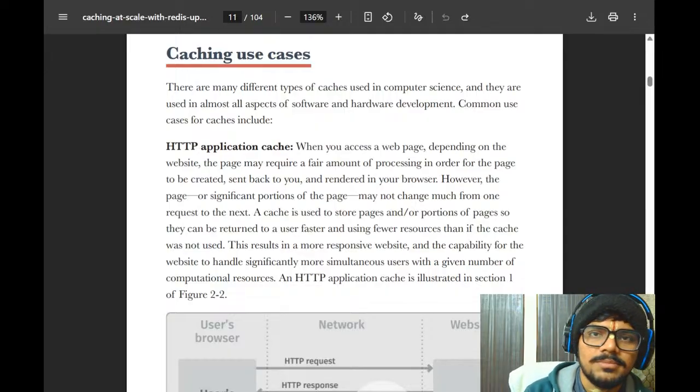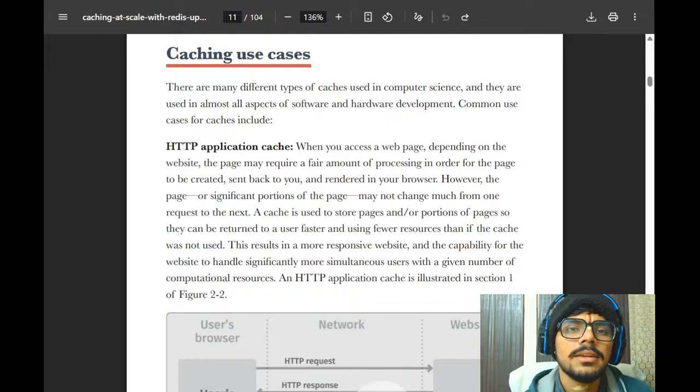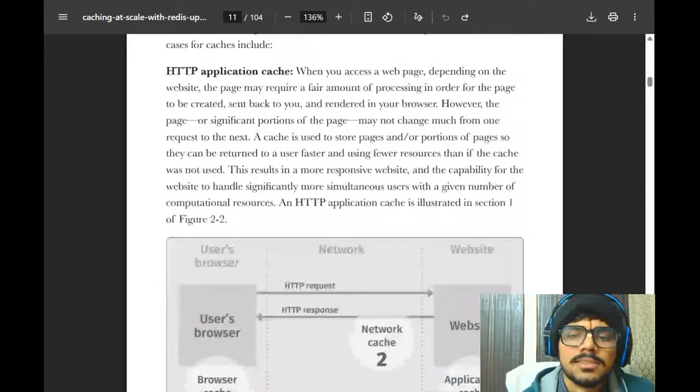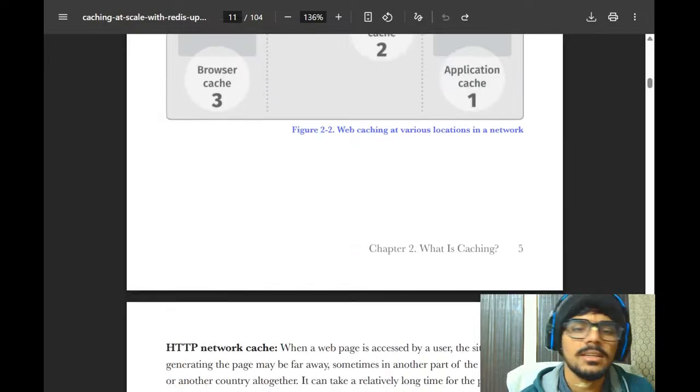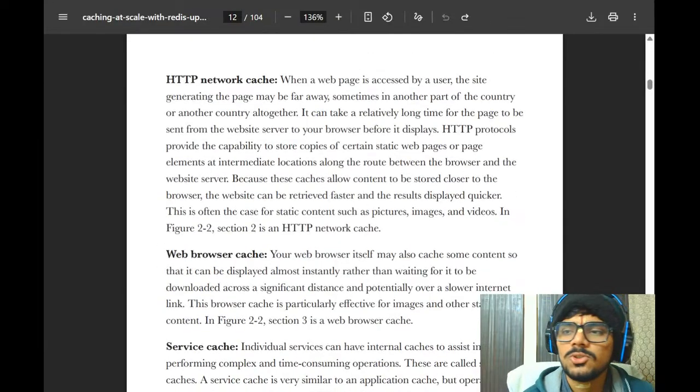Yeah, so let's get over to our file. All right. There it is, caching use cases, HTTP application cache. That's why I said even the DNS servers usually have a caching memory for storing the HTTP network cache. When a page is accessed by a user, the site generates the page very fast.